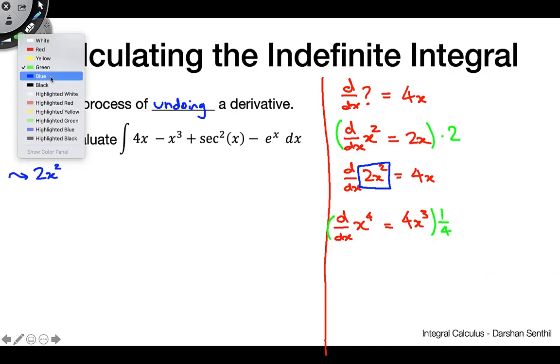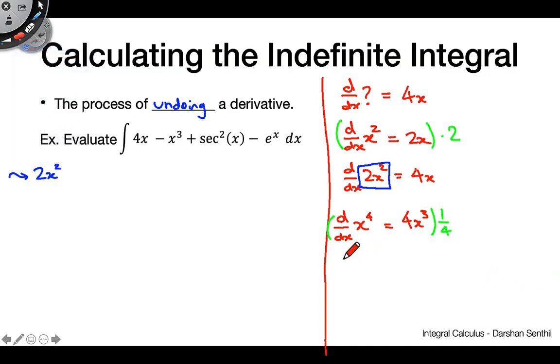And so the derivative of x to the fourth over 4 is equal to x cubed. Once again, what's next to the derivative symbol is what we are trying to find. This is our antiderivative or indefinite integral. So the antiderivative of x cubed is x to the fourth over 4.